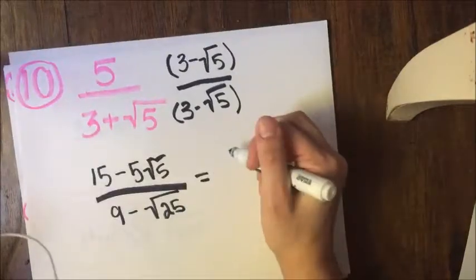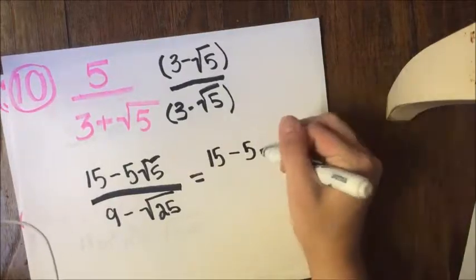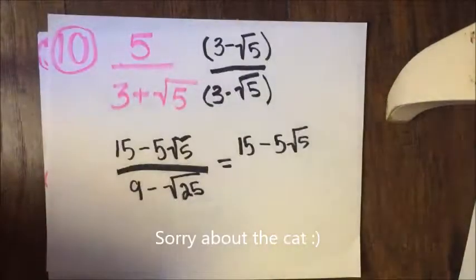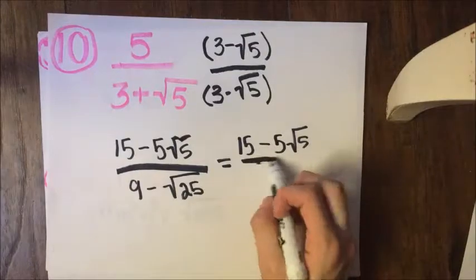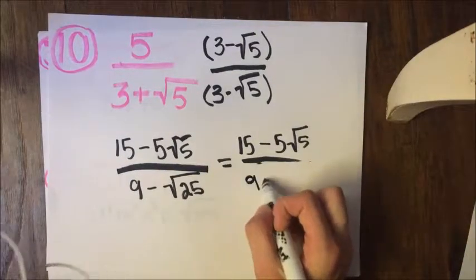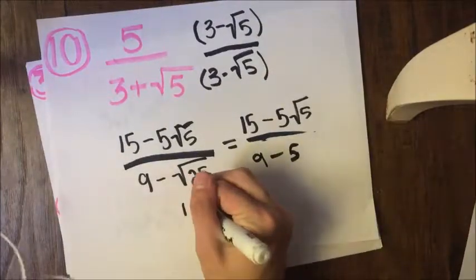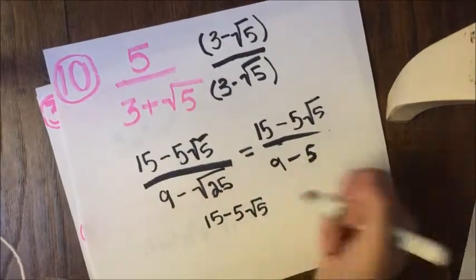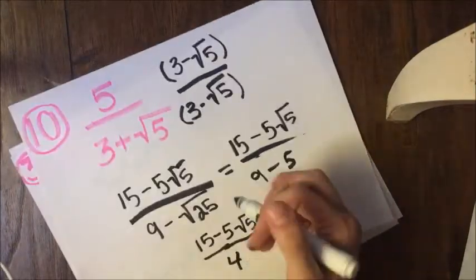This equals 15 minus 5 square root of 5 divided by 9 minus 5. This all simplifies to 15 minus 5 square root 5 over 4. And that's your answer.